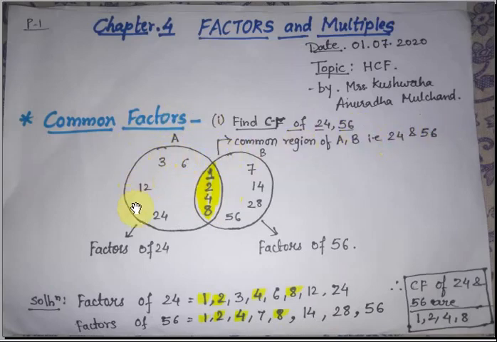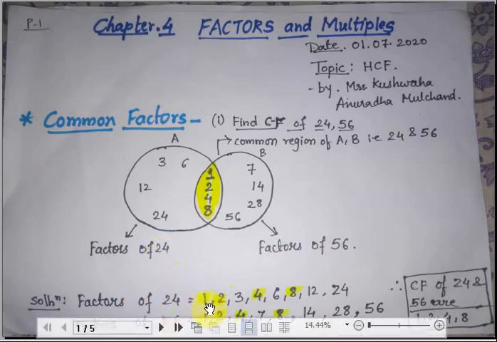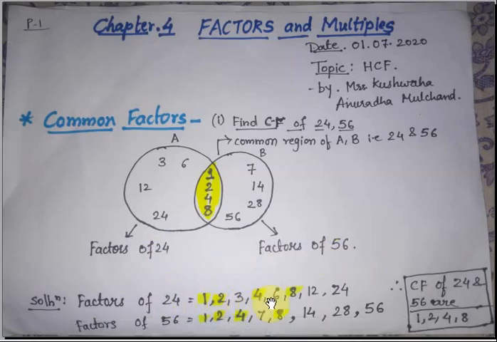This is the diagram for finding factors of 24, and this circle is for finding factors of 56. The factors of 24 are 1, 2, 3, 4, 6, 8, 12 and 24. We'll write all the factors here in A, and in B we will write the factors of 56.